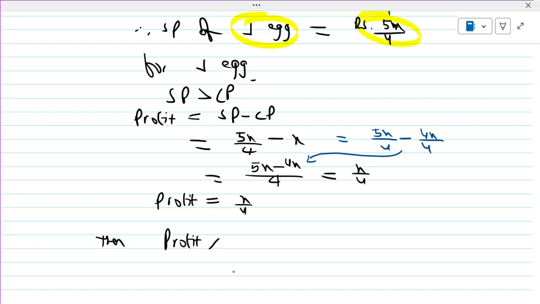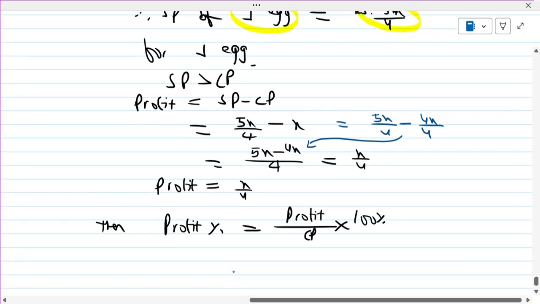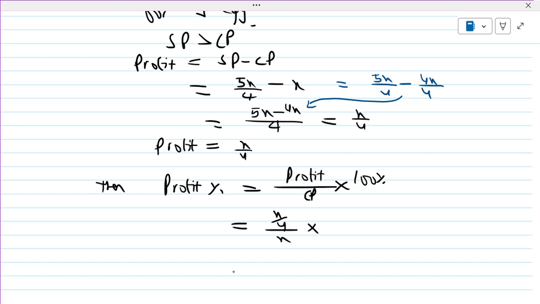Profit percentage equals profit divided by CP into 100%. Profit is x divided by 4, and the CP is x for one egg. When we compare for one egg, it is the same, into 100%.